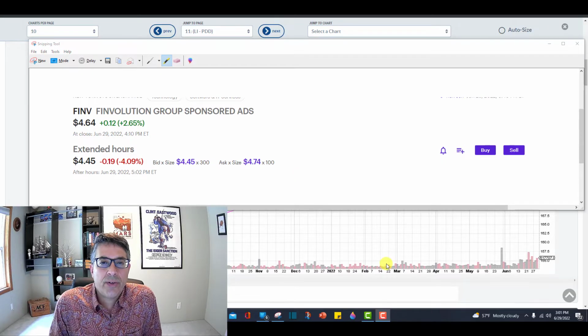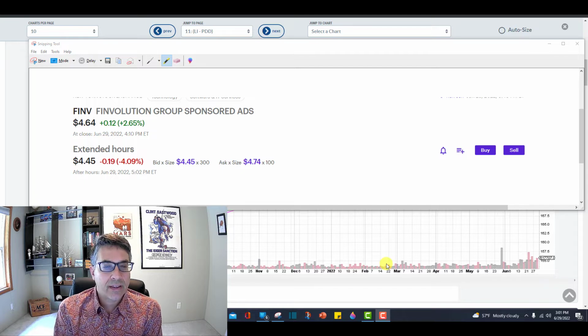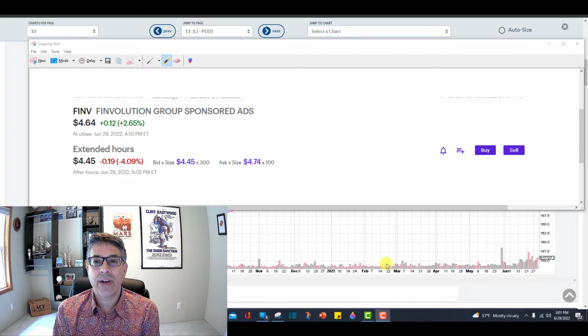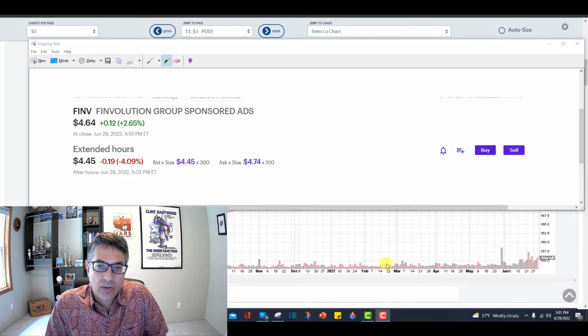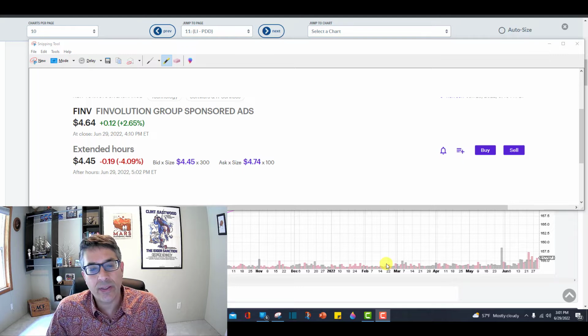So when do you want to use a buy market order? Well, if you're trading a stock that is very liquid, like Apple or Microsoft, or if you're trading one of the indexes, QQQ for example, the difference between the bid and the ask is only going to be a penny or two. They're going to be very tight.